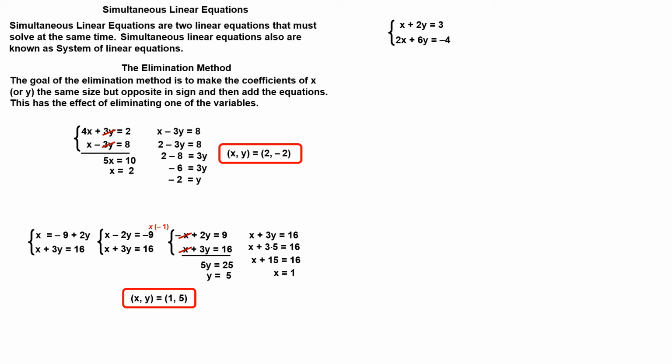The equations do not have any x or y terms with the same coefficients. Multiply the first equation by minus 2, so they do have the same coefficient, but opposite in sign. Now we can cancel the x's and solve for y.